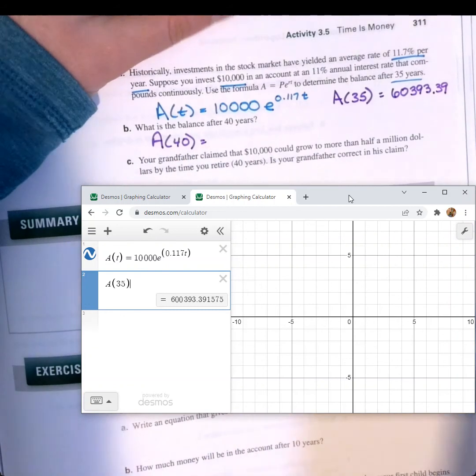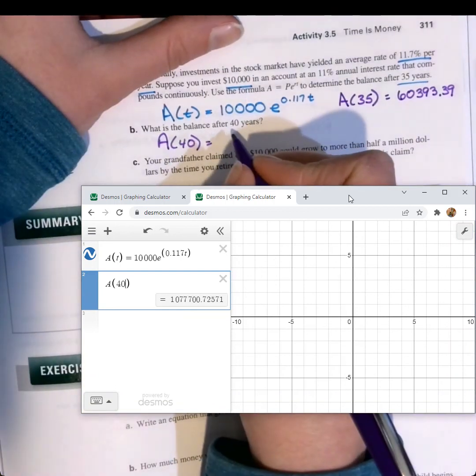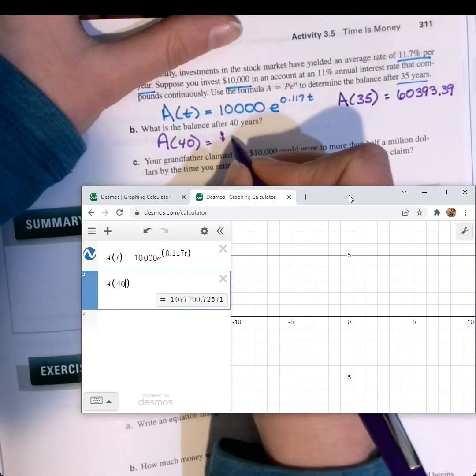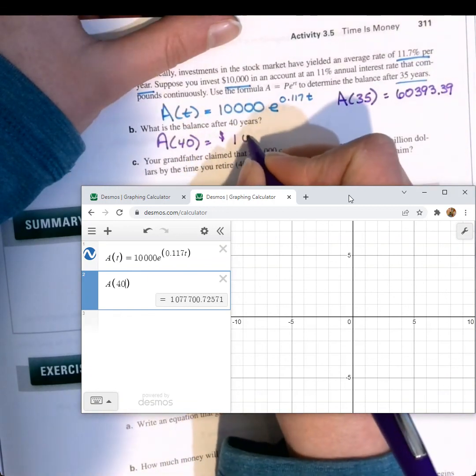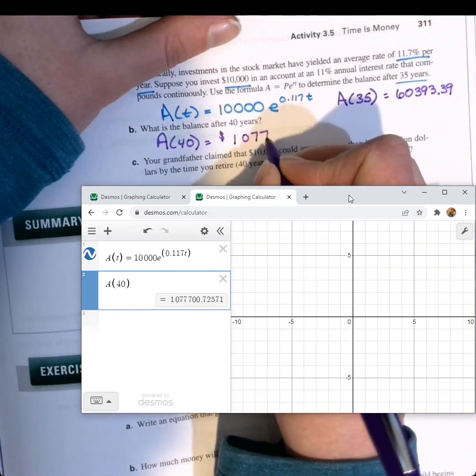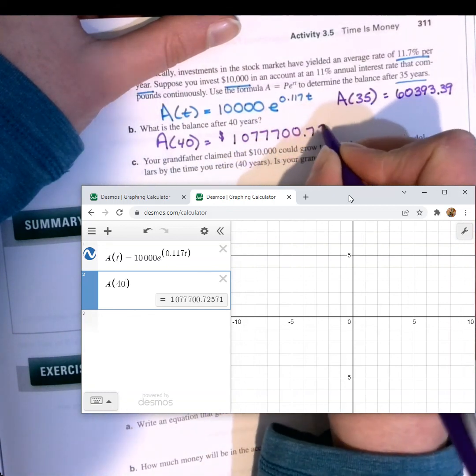And after 40 years, it would have grown to $1,077,700.73.